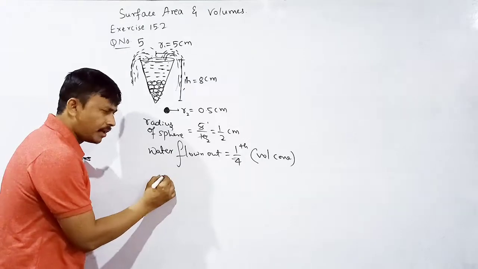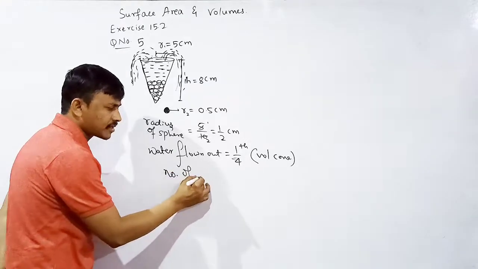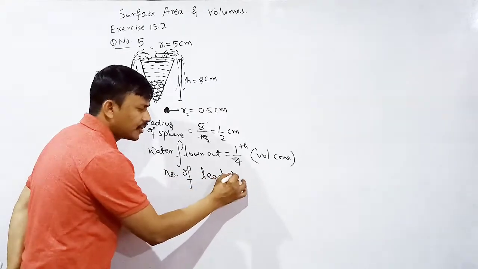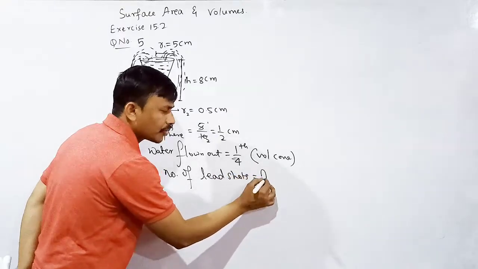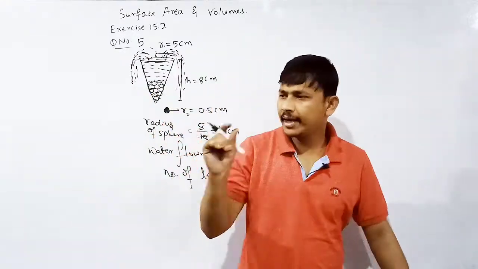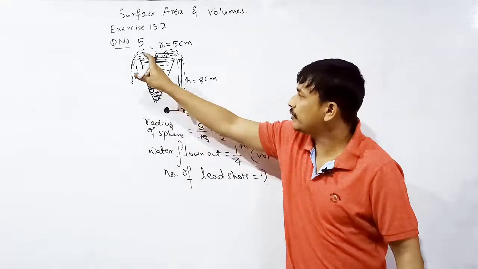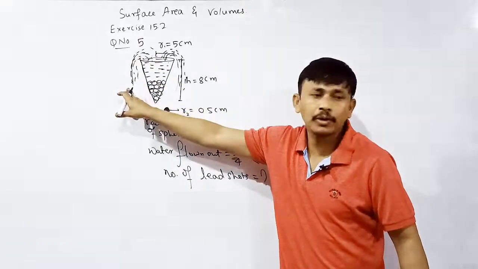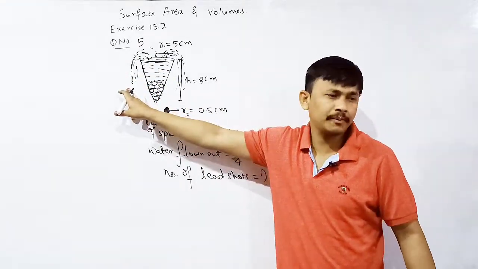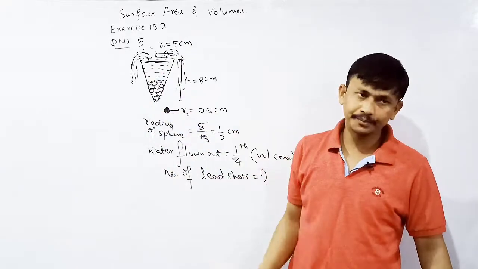We need to find out the number of lead shots. Number of lead shots is equal to question mark. After adding how many lead shots will 1/4 of the water flow out of the vessel?